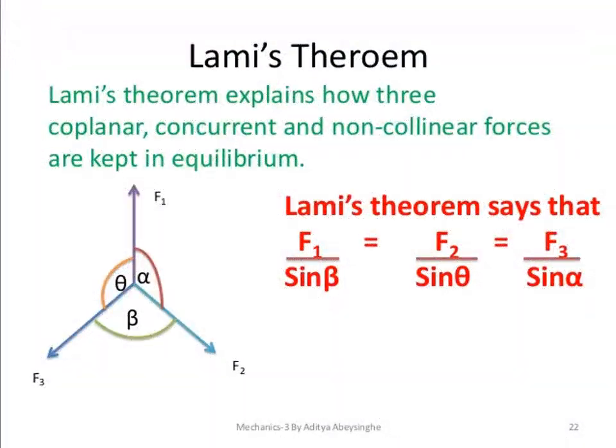What is Lami's theorem? If a system of 3 concurrent and coplanar forces F1, F2, F3 are in equilibrium at the same common point, then Lami's theorem states that the magnitude of each force of the system is proportional to the sine of the angle between the other 2 forces.